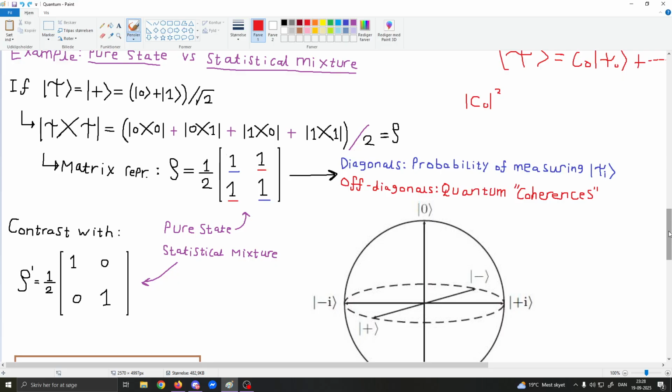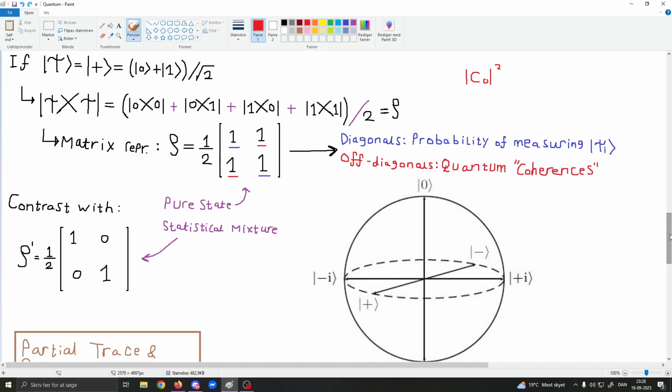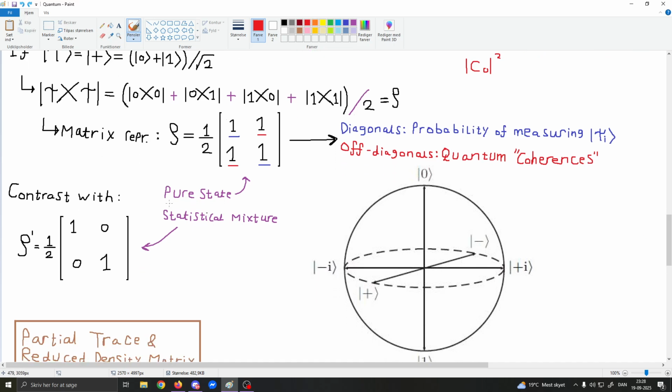Now, that doesn't really make a lot of sense, and it's hard to explain without drawing contrast to another example. But basically, this is what we call a pure state. And if there's anything in the off diagonals, it tells you that the system is in fact in a quantum superposition. This is in contrast to something called a statistical mixture.